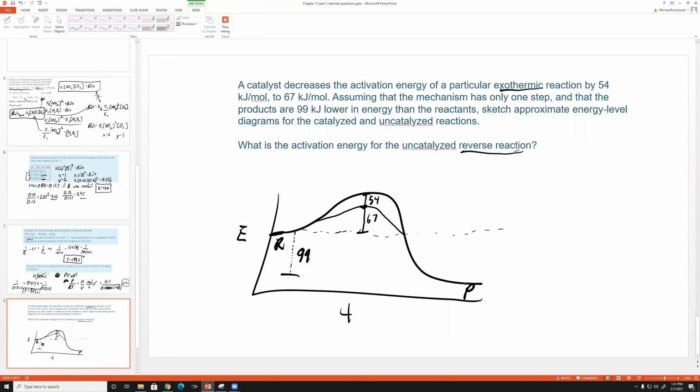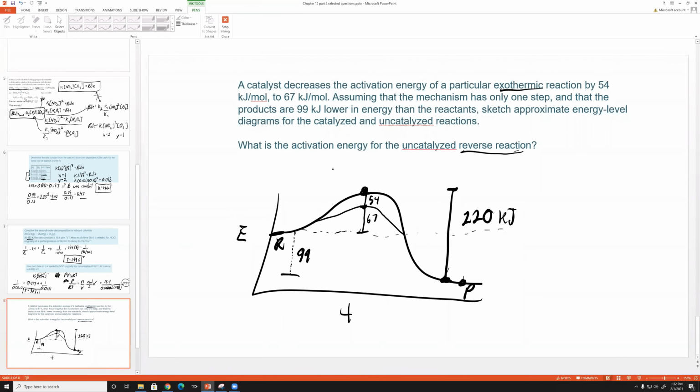It's an endothermic reaction, and we have to go all the way down here to all the way up here. And that distance is the 99 plus the 67 plus the 54, which would equal 220. So the amount of energy needed to go from products to reactants is 220 kilojoules.